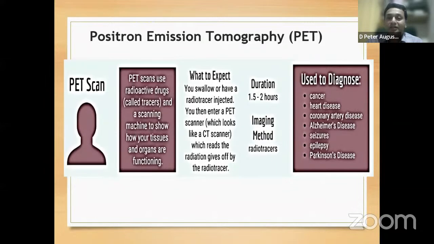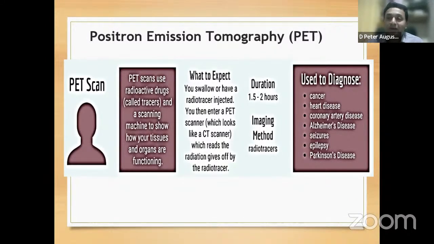It is used to detect cancer. Not only cancer, we can diagnose other problems like heart disease, coronary artery disease, Alzheimer's disease, epilepsy, and Parkinson's disease. This is very beautiful, but it works with a radioactive drug. Normally they inject it through an IV, intravenous.